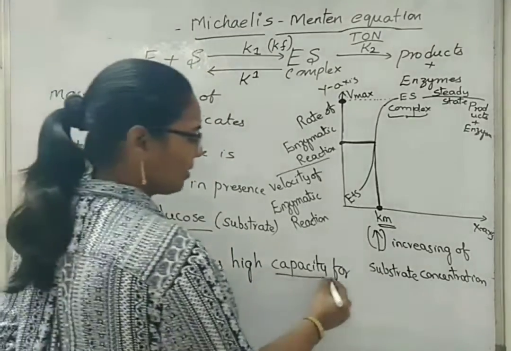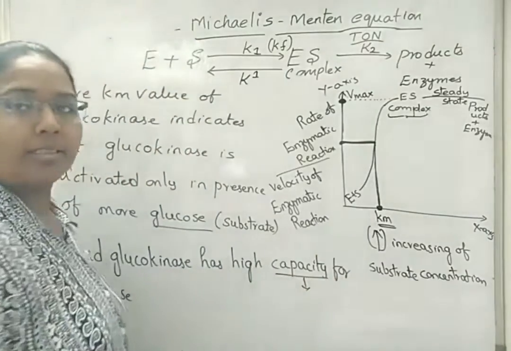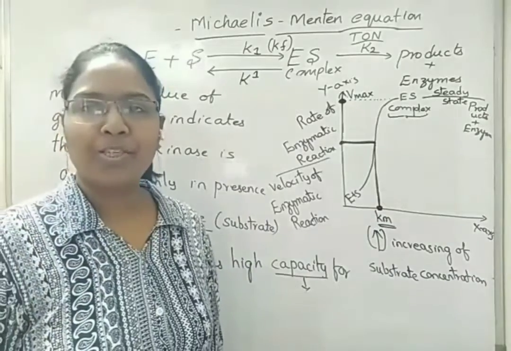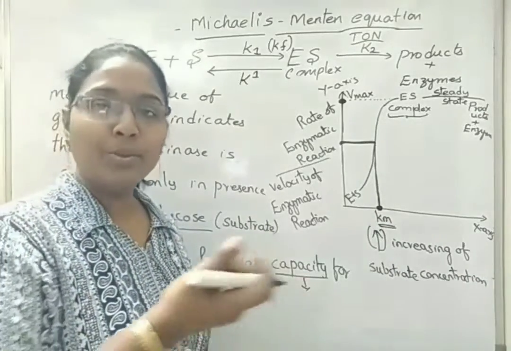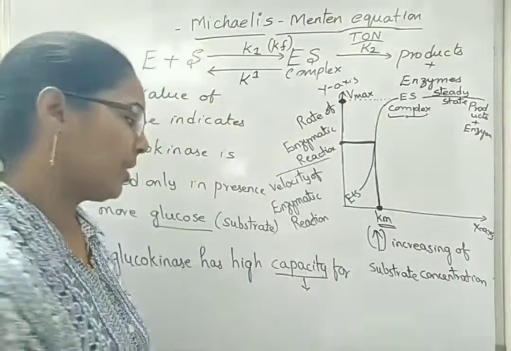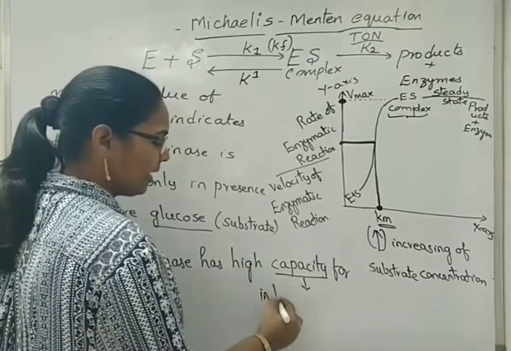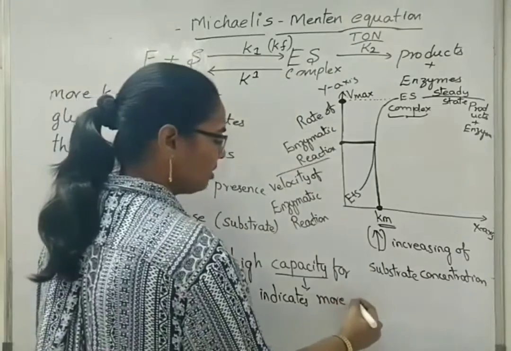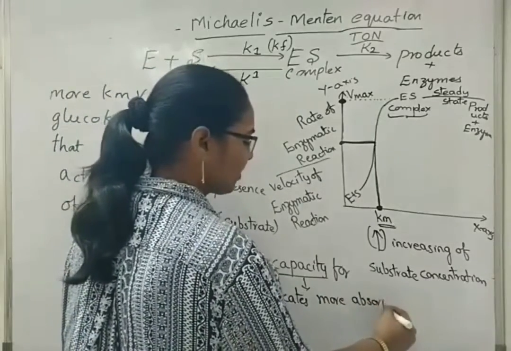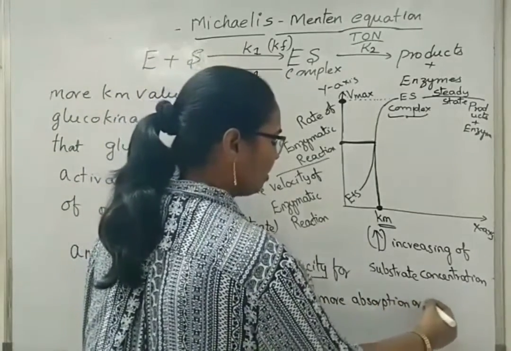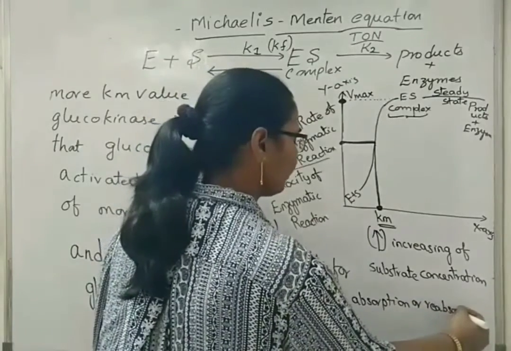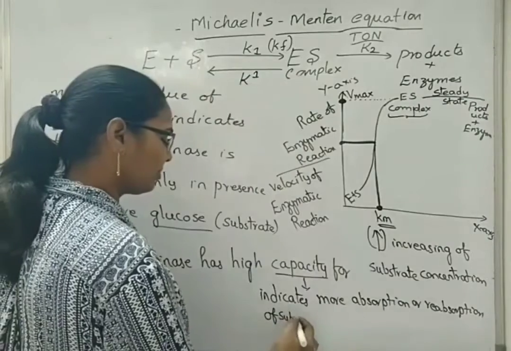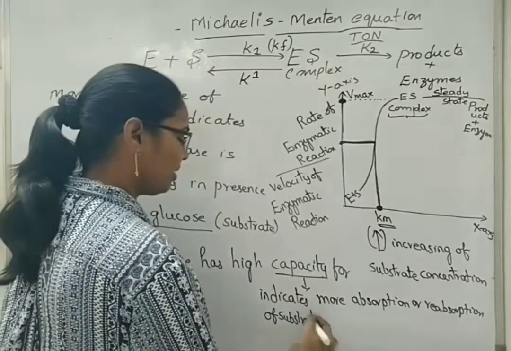What does this capacity mean? It means that glucokinase has more reabsorption nature, into the cell where this glucokinase is present. Capacity indicates more absorption or reabsorption of substrates into the cell.